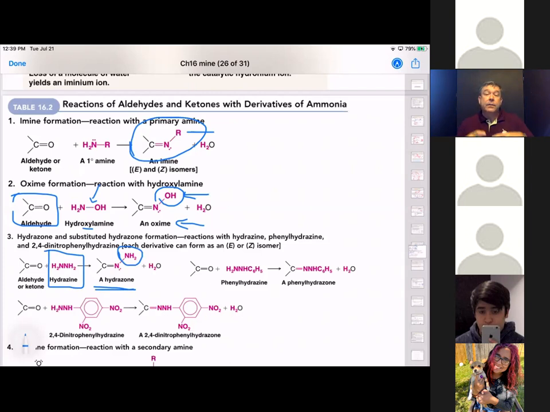Hydrazone. In fact, this is commonly used in the organic teaching lab to show whether or not you have a ketone or not, because when the phenylhydrazine compound here reacts with ketones, it creates highly colored compounds, okay?